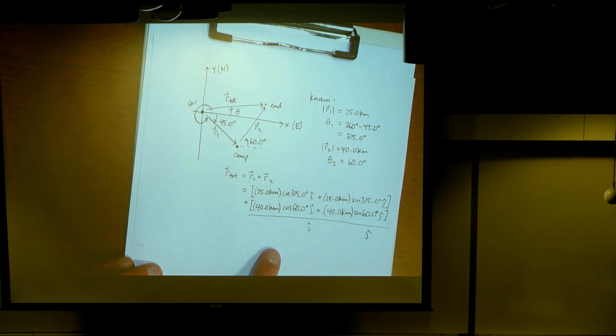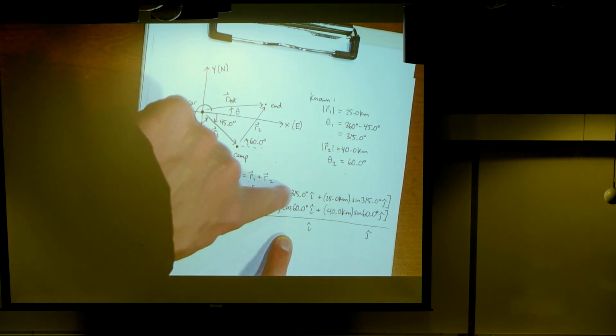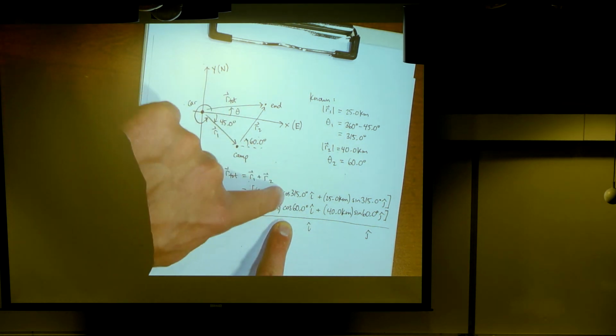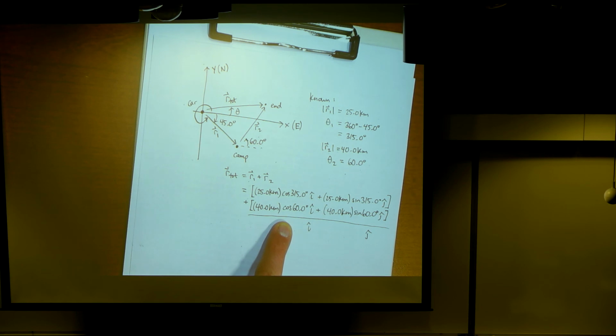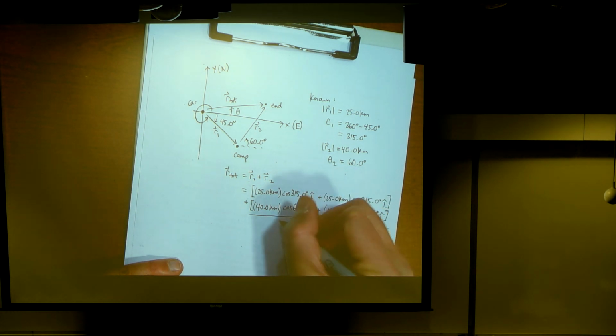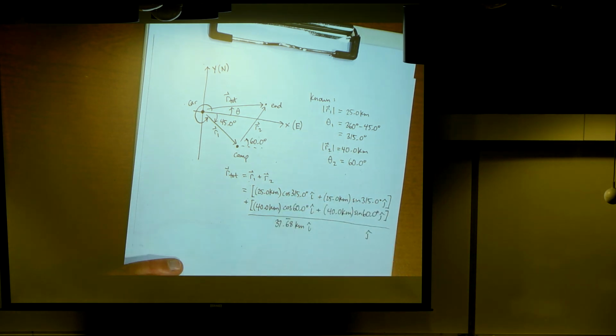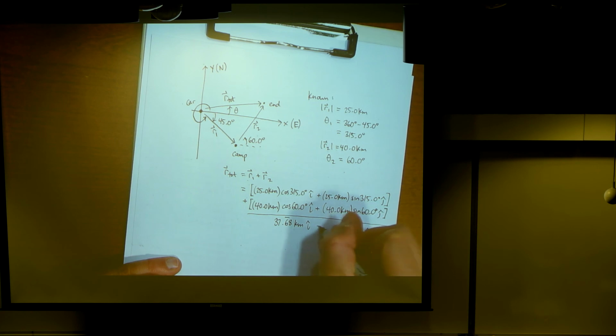Okay, so if I want to get my overall x component, what I'm adding are these 2 numbers together. Okay, we're running out of time, so I'll just tell you what it is. Follow along in your calculator if you like, but this comes out to 37.68 kilometers, which we'd round to 3 sig figs. Okay. When we add the y components together, adding these 2 numbers together, what you'll get is 16.96 kilometers.